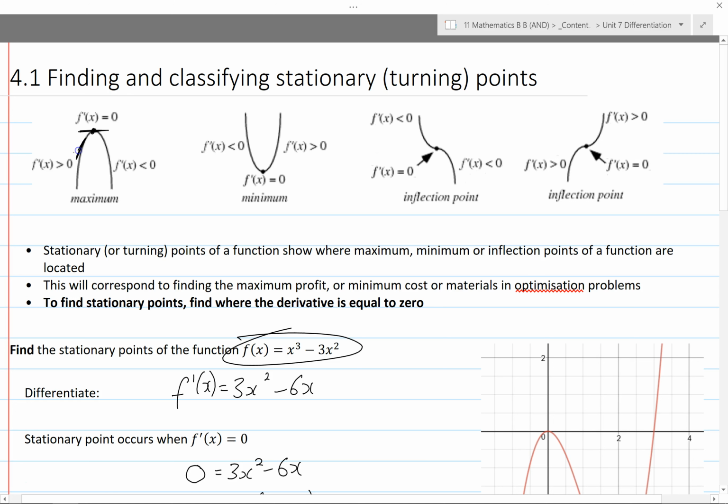To the left of it, slightly less than it, the slope is positive. To the right of it, the slope is negative. So in our slope diagram: up, flat, down. Minimums look like this: down, flat, and up. And points of inflection can look like either of these 2 diagrams.